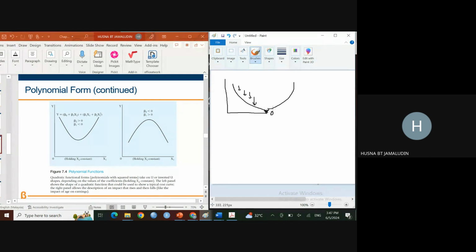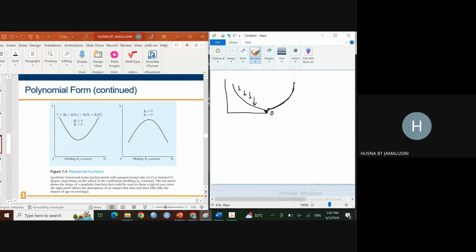How about what can explain this increasing shape? Anyone? Anyone want to try? Can you think of any theory in any economic relationship that has this kind of shape? Cost curve, madam.